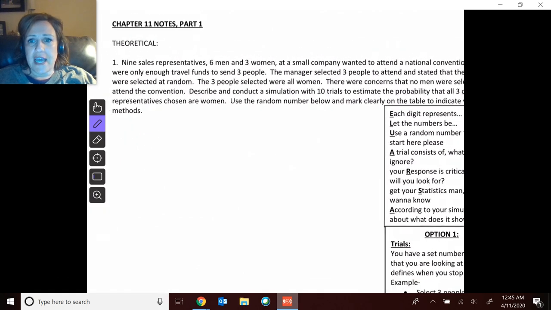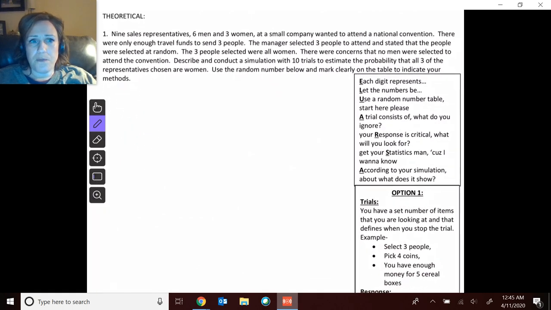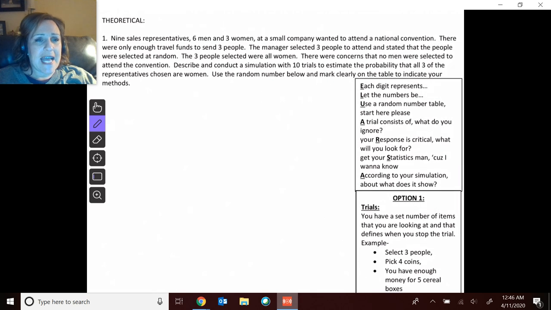Let's take a look at our first example here. We have 9 sales representatives at this small company, and there are 6 men and 3 women that are the sales representatives, and they want to attend this national convention. So there were only enough travel funds to send 3 people.